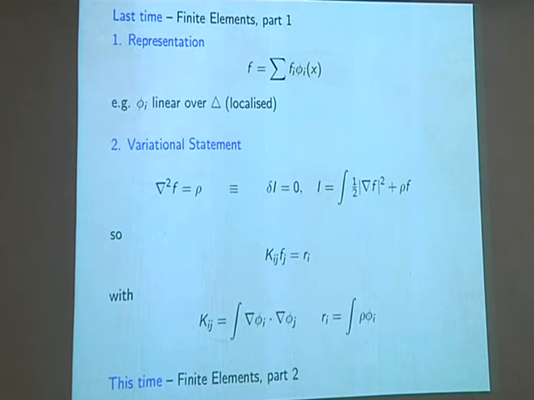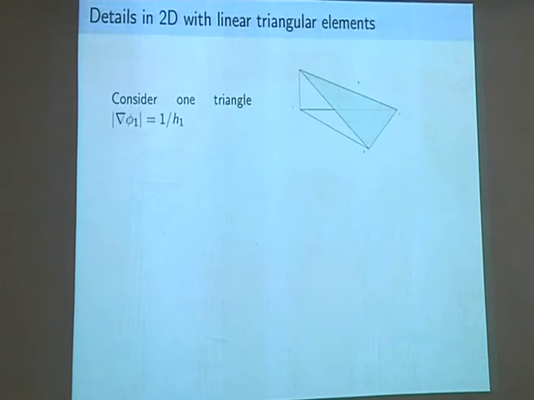Okay, so last time I tackled this Poisson problem in 1 dimension. Let's do it in 2 dimensions and see what we get. So I'm thinking of linear basis functions over triangles. Sometimes the elements are not triangles, but not very often.